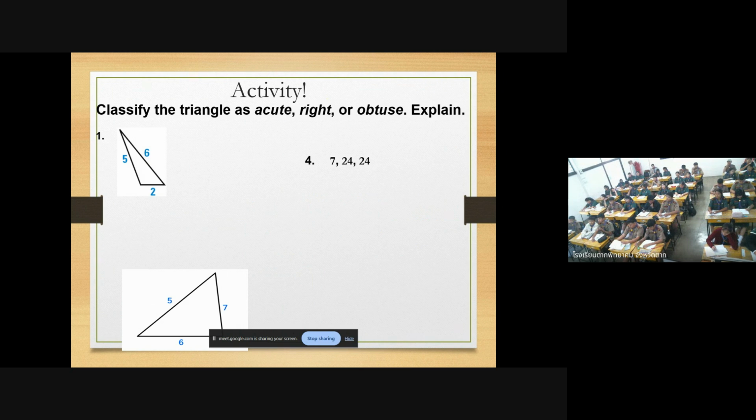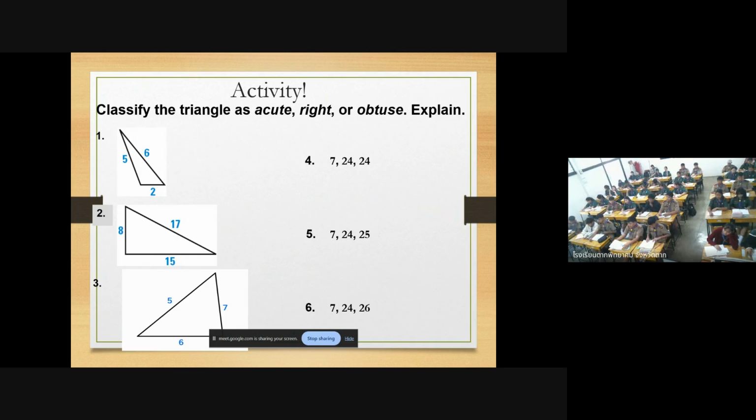All right, so, activity. Answer this on your notebook. You need to copy and answer. Numbers 1, 2, and 3, you need to draw it.